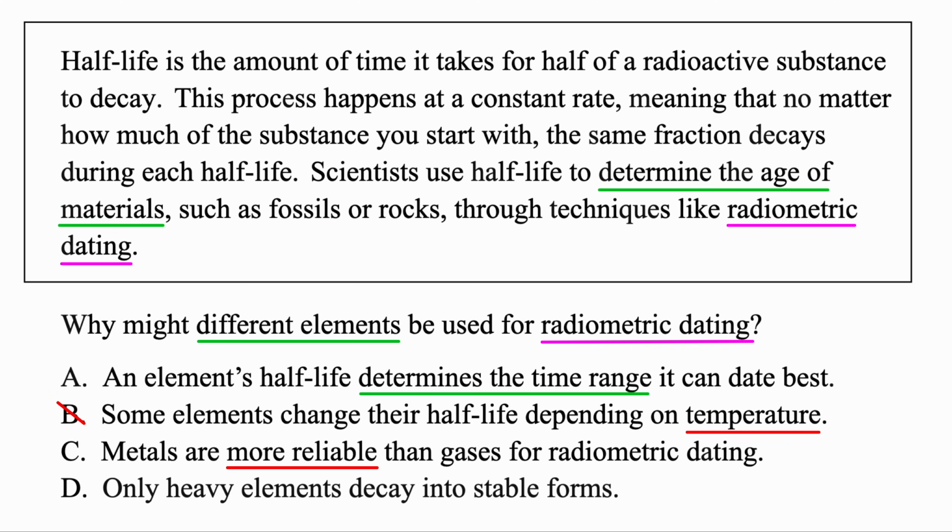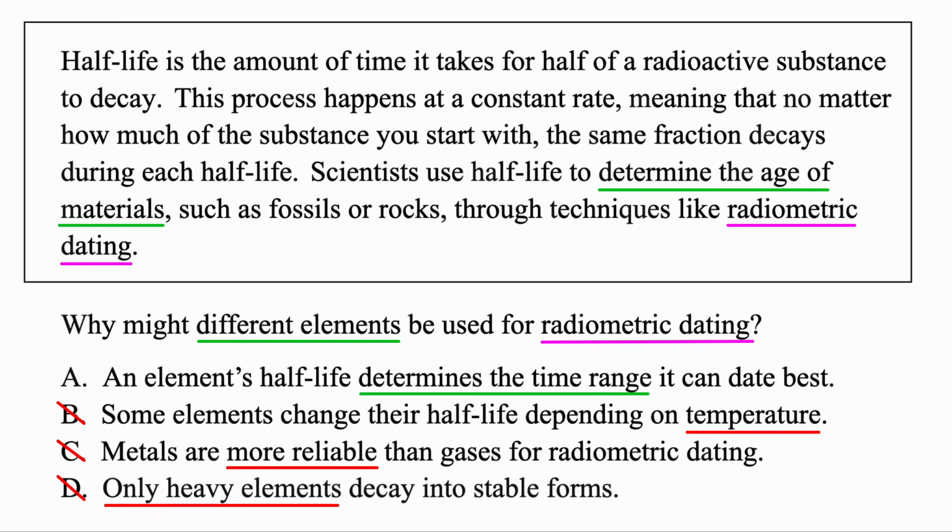And specifically, they don't mention anything about metals or gases, so we don't have enough information to say if that's true. But the last one, only heavy elements decay into stable forms. Well, it could be true based on logic, but again, we don't have evidence to support it in the passage. So a word like only is also a distractor one. That's not it either.